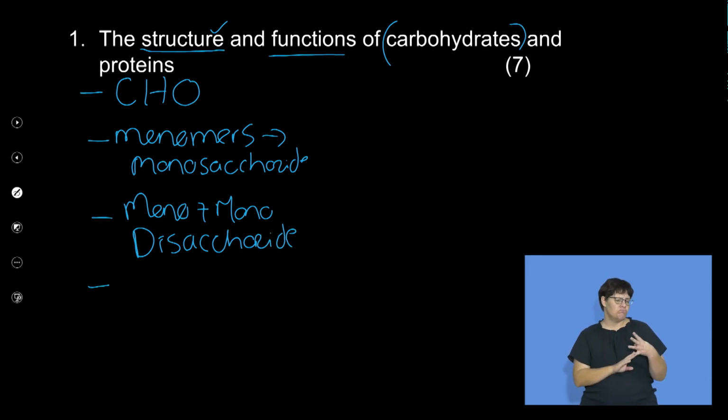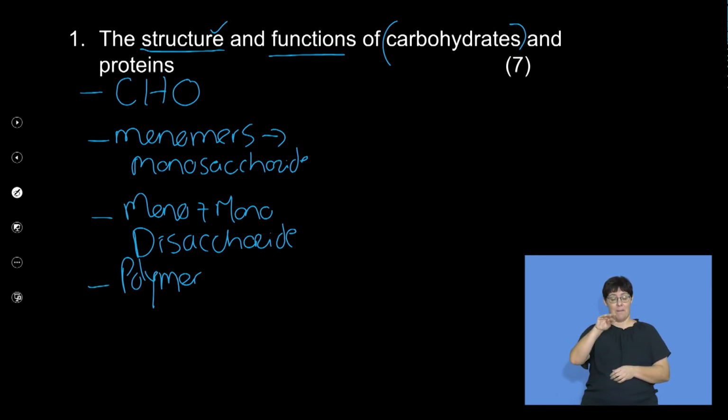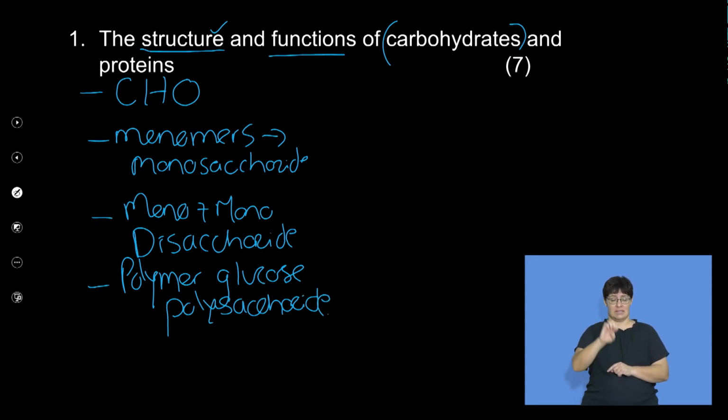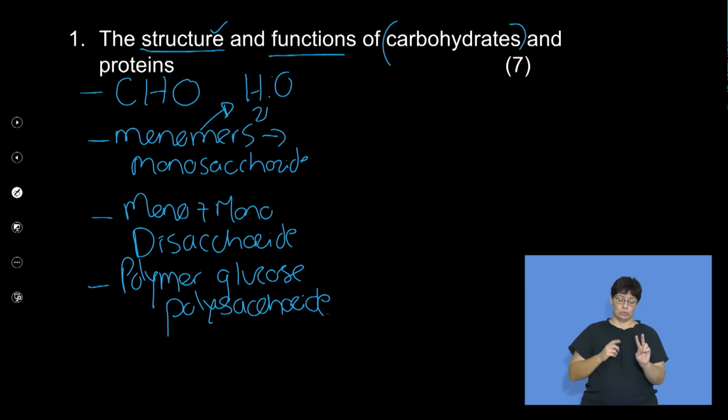If we have a chain, the polymer, if we put a lot of glucose molecules together, we get a polysaccharide. So there we've got lots to write here. What you could have also said is that when it comes to monomers, we always have a ratio of hydrogen to oxygen of 2 to 1. Okay, so there we're looking at the structure of carbohydrates.